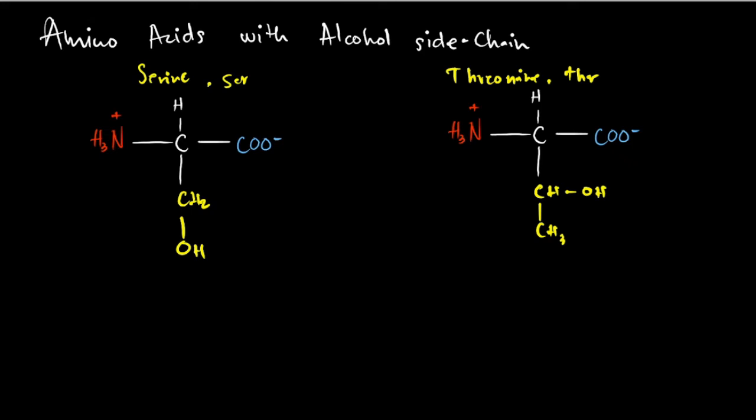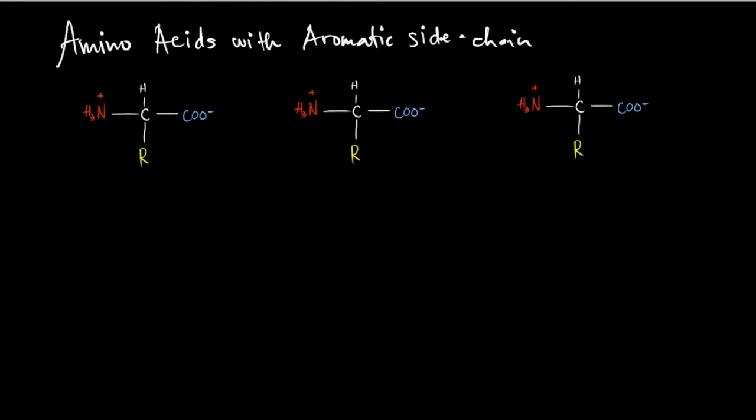Right? So for the next ones, we have amino acids with aromatic side chains. So we have three of those. Let me just remove those R's. So unahin natin ang tyrosine. By tyrosine, it is actually abbreviated as TYR or tyr.